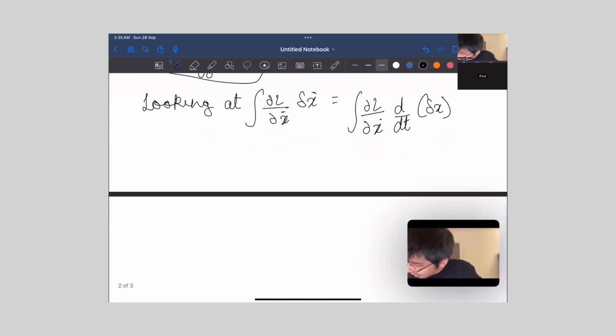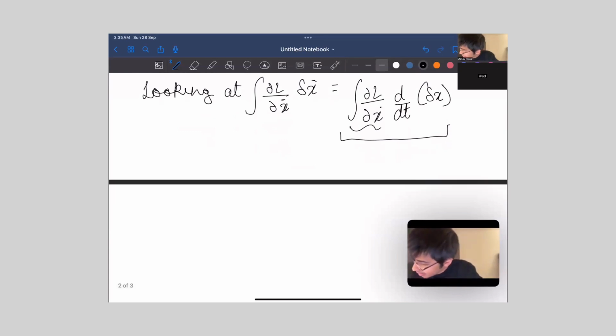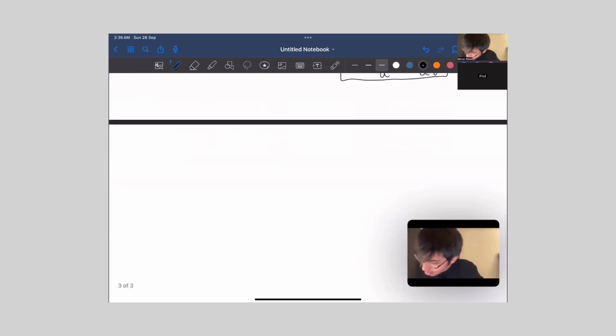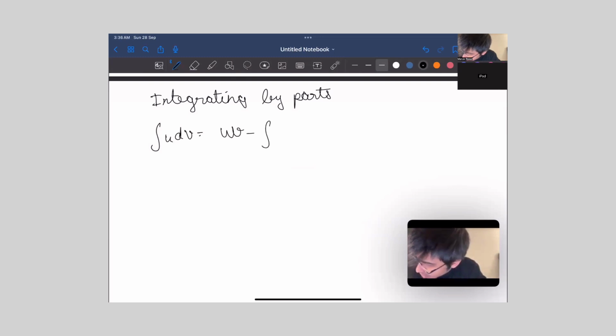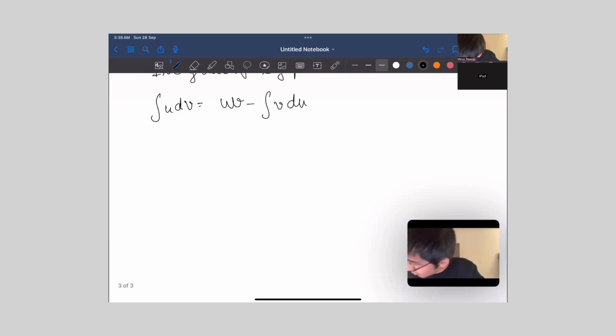Now, if we take this, we can integrate by parts. I can say this is u and this is dv. So integrating by parts, u dv is equal to uv minus integral of v du, as far as I remember, best of my knowledge.